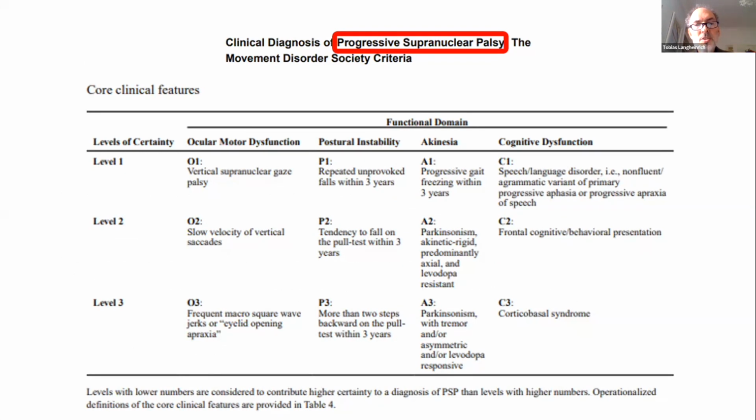These are the diagnostic criteria, so you can see what a challenge that is and why probably a certain personality type is interested in being a diagnostician. Essentially, these people have problems with moving their eyes, they are unsteady, they are Parkinsonian, and they also have cognitive problems. Now, they may have any of those or a combination of them.